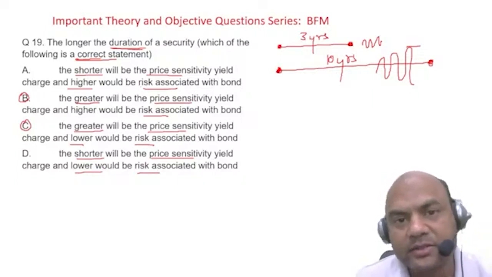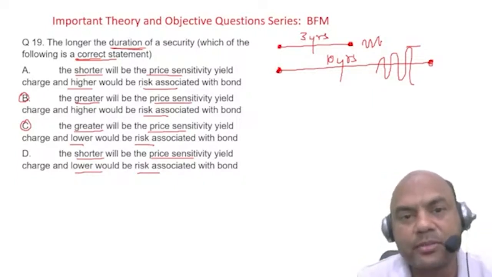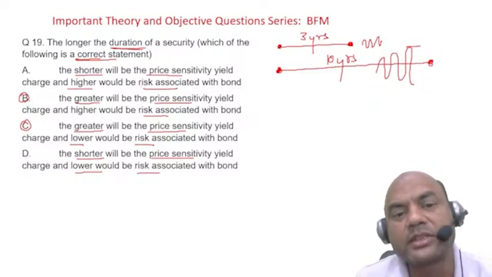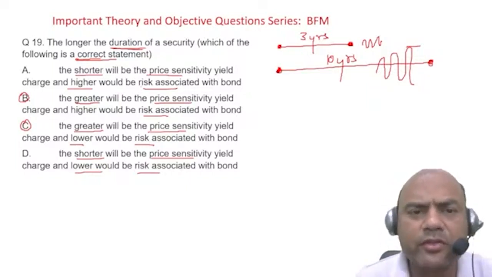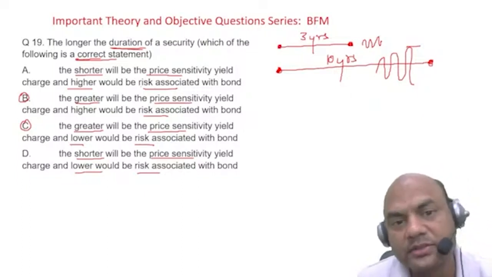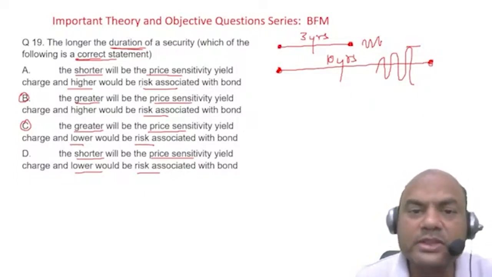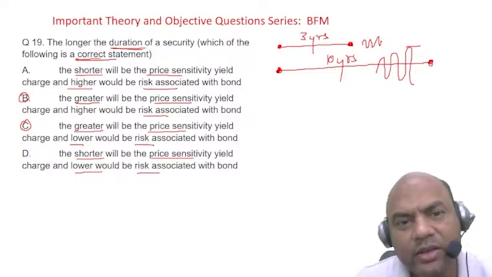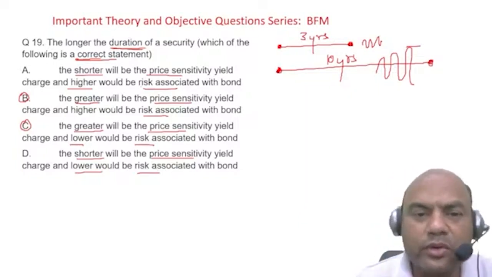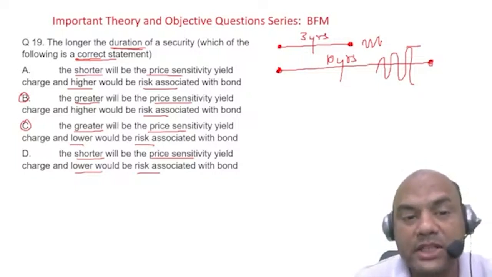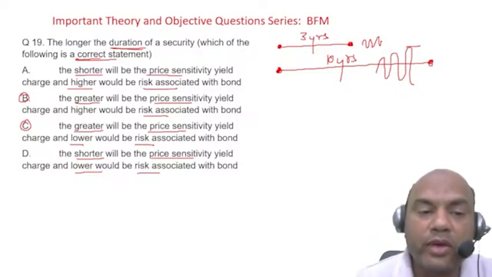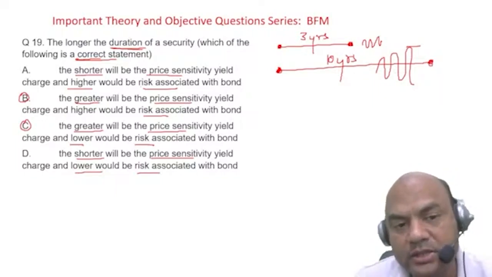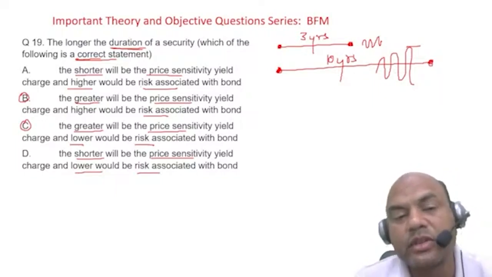Write in the comment section. You will definitely invest in 2 years. Why? Because you say 20 years, who has seen? What happens in 20 years we don't know, because there is the element of risk associated with it. Whenever any bond or any instrument has a longer duration, the risk associated will always be higher.